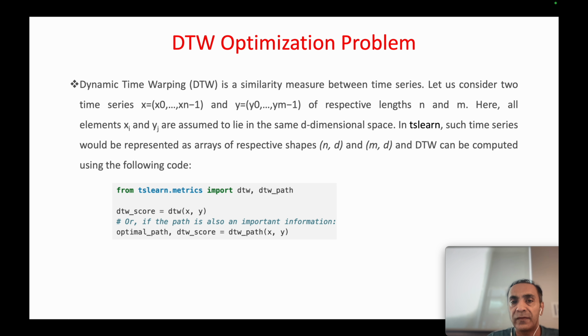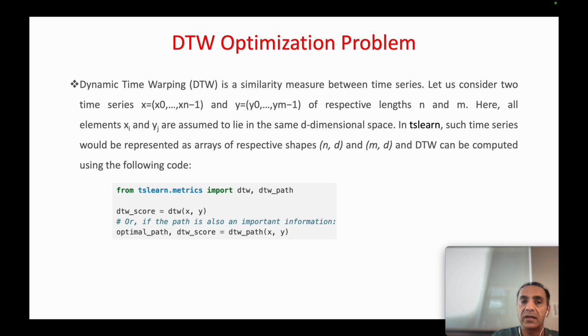Here all elements of x_i and y_j are assumed to lie in the same d-dimensional space. tslearn is a package in the Python programming language which is used for data science tasks and which is the focus in this lecture as well. When we are using the tslearn package from Python, such time series would be represented as arrays of shapes (n, d) and (m, d).